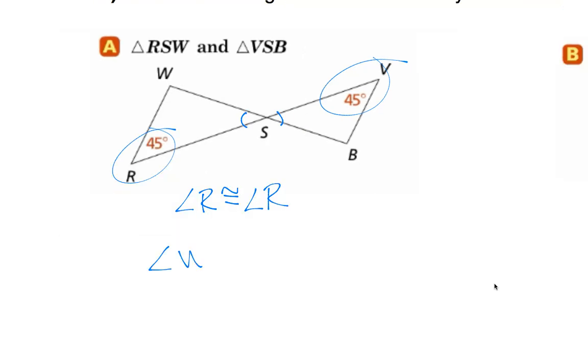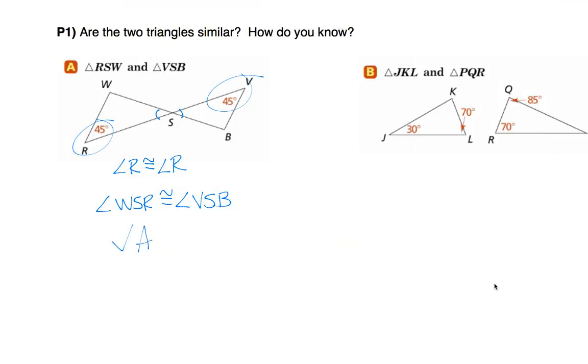So angle WSR is congruent to angle VSB. And check, that is angle angle similarity. So my check mark there is me just saying yes. So yes, they're similar because of angle angle similarity.